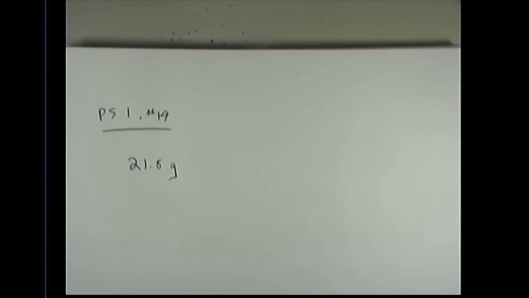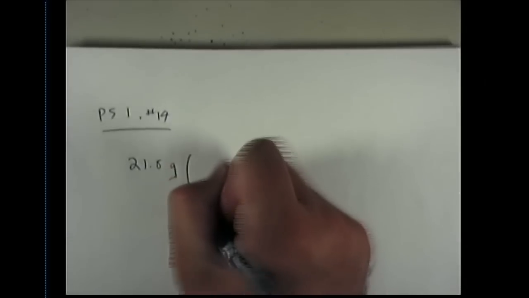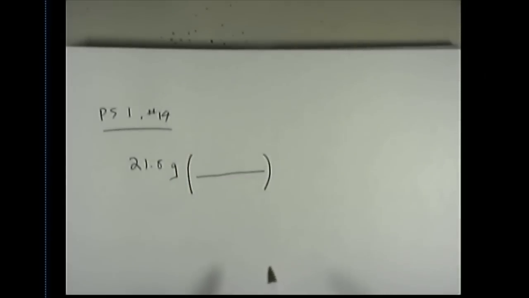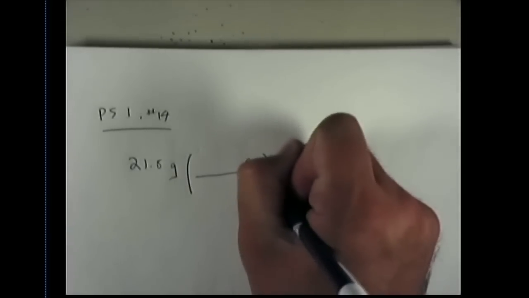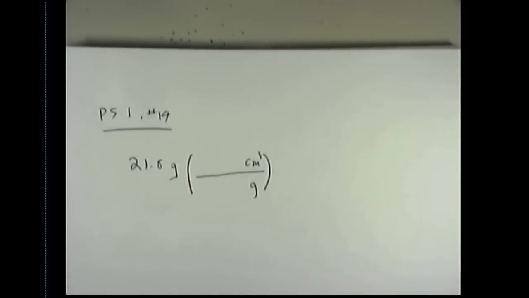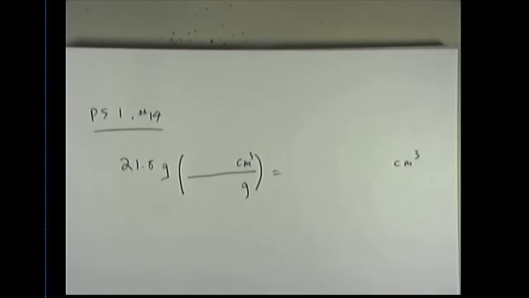but it happens to be the case here. So I want to figure out in a 21.8 gram sample, what is the volume that would occupy for osmium. I'm given the density, and the density is given in grams per cubic centimeter, and it asks me to calculate the total volume in cubic centimeters. So indeed, that is the only value that I need to use to make this conversion.